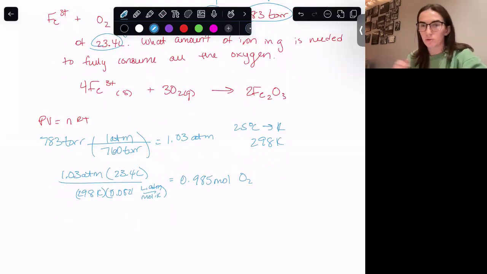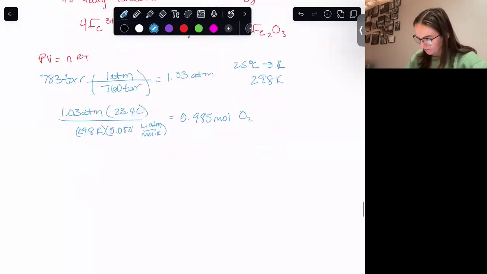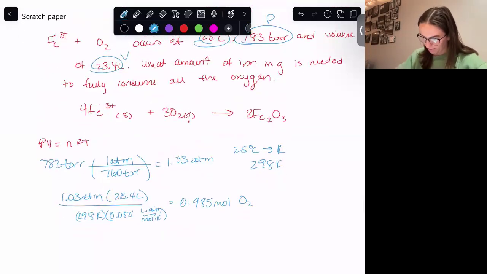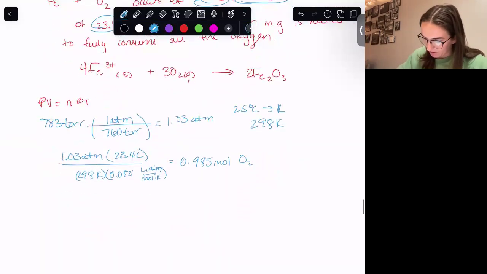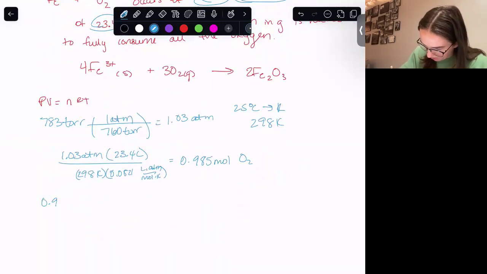We now need to use our molar ratio to get to moles of iron and then grams of iron. So using our balanced equation, we have 0.985 moles of O2.